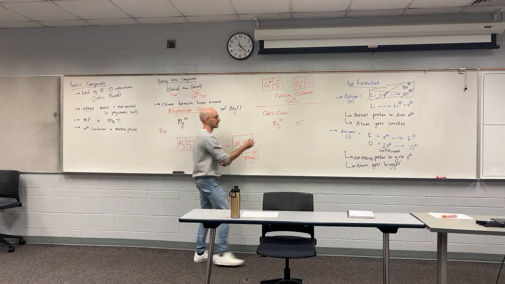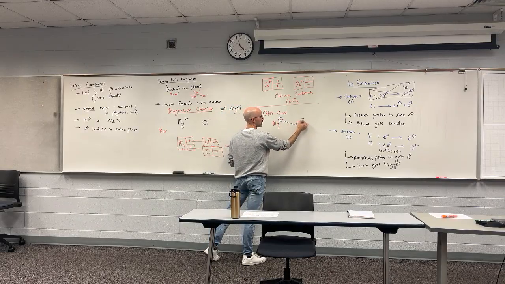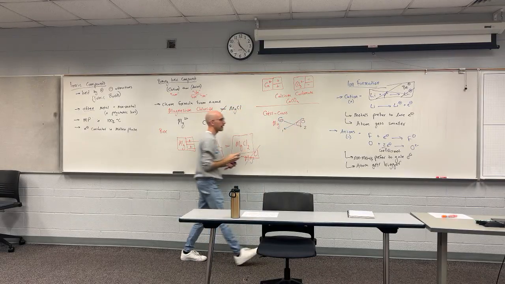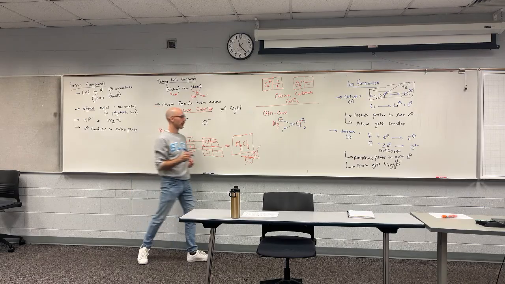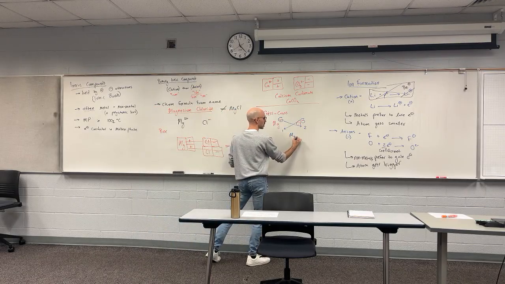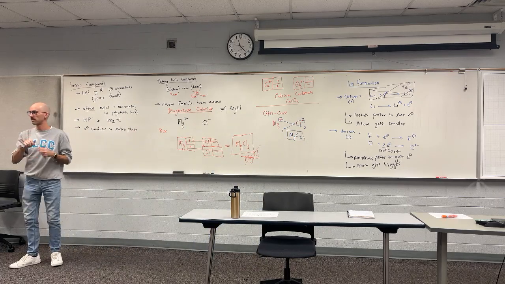That will help them balance. If I have 2 chlorines and 1 magnesium, I will balance them out equally. I'm not changing their charges. This doesn't become magnesium −1 and chlorine +2, correct? But I get MgCl2. That, I think, Kristen, is the crisscross method that you were thinking of.